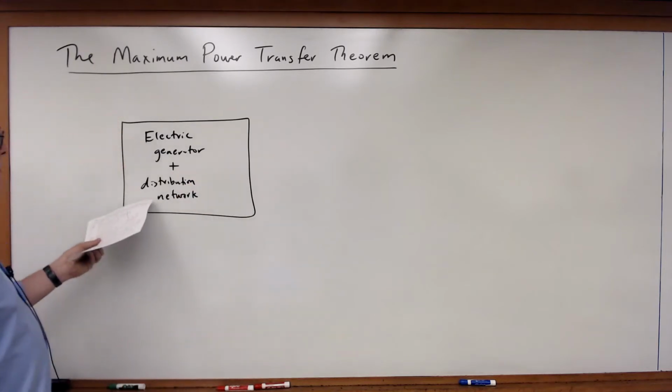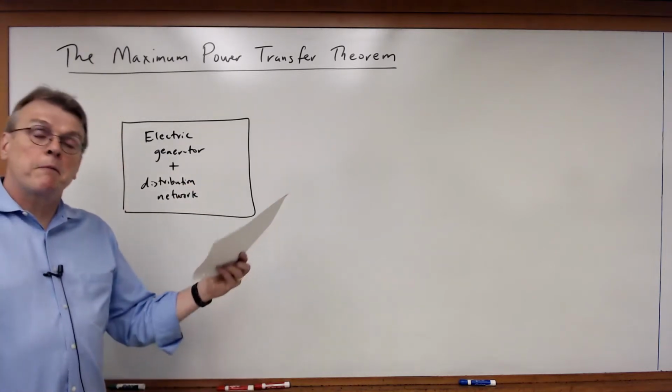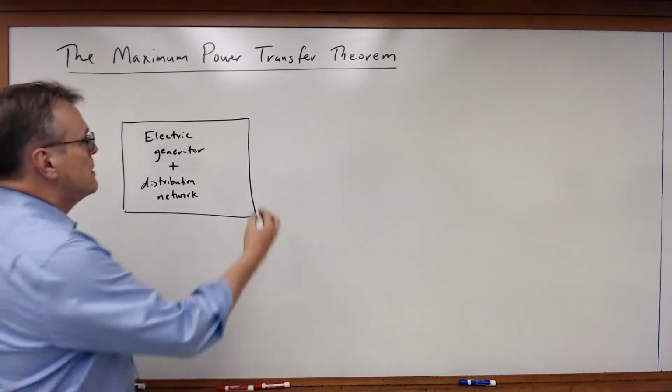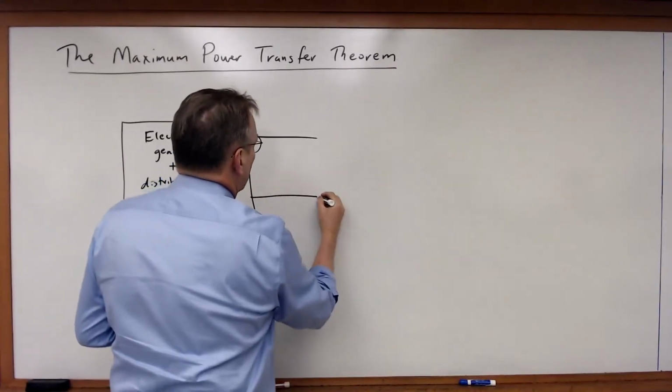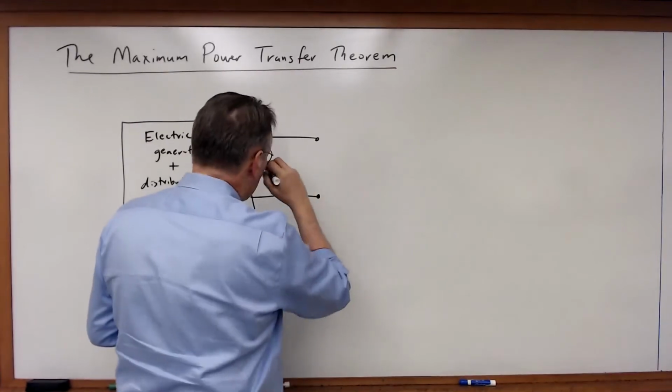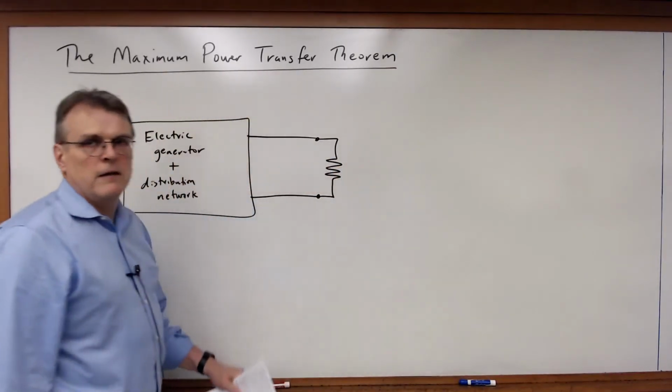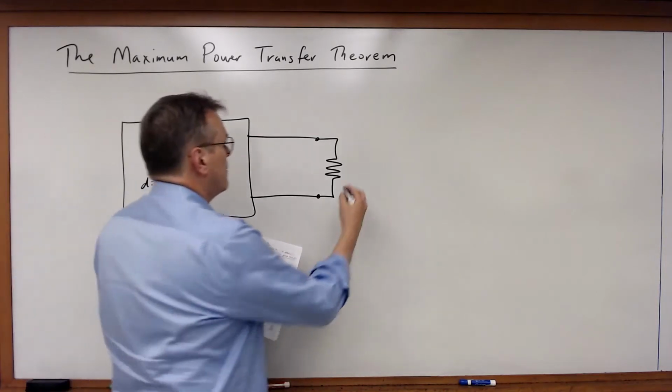An example of a distribution network would be the power lines that get power to your home. So let's assume that we have power, and this power is going to a load, and we're going to assume we've got a load resistance as our load, R sub L.